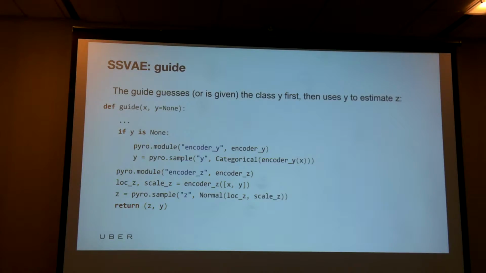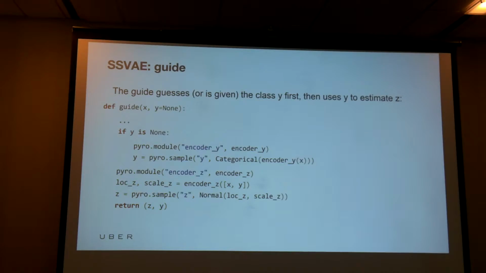There will be another VAE style guide, another neural network that parameterizes another latent variable. In this case, categorical, because y is categorical. It's discrete. We'll just use this encoder to guess what the label would be if we weren't given one, and then we'll pass that to our style encoder as we did before.